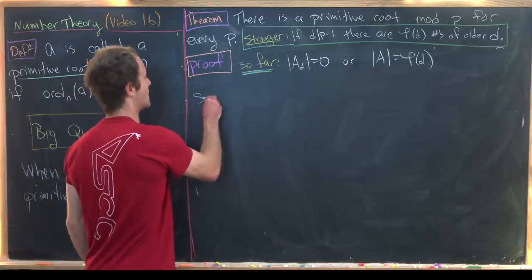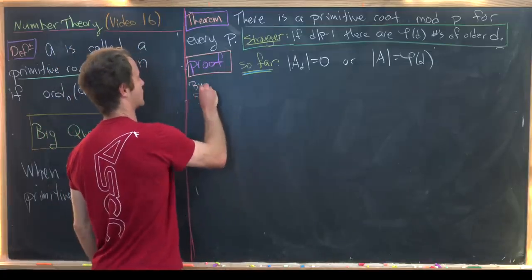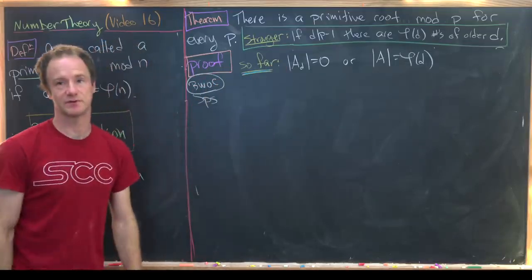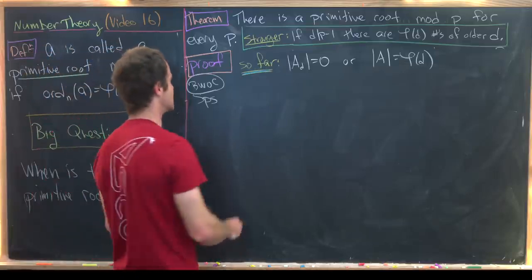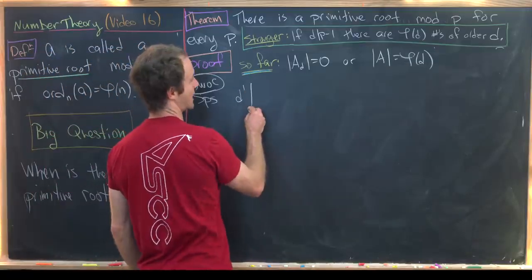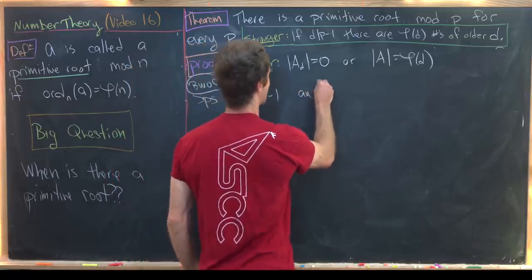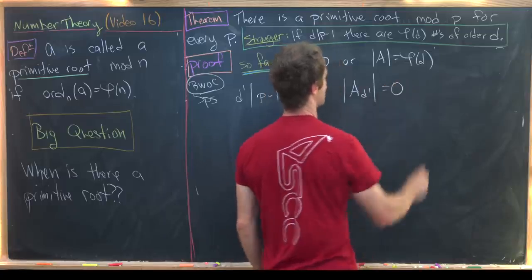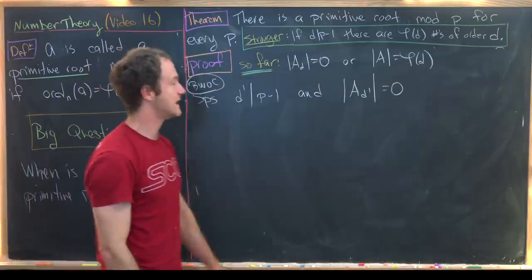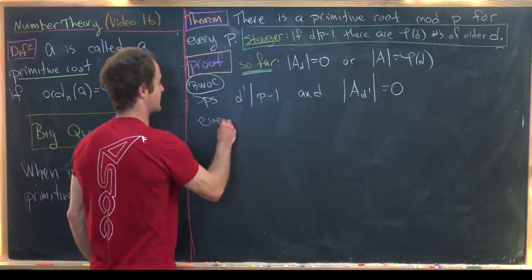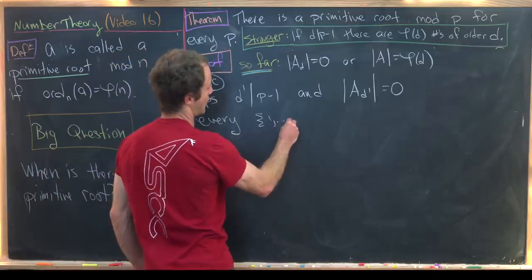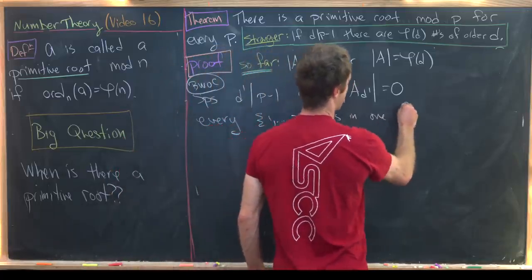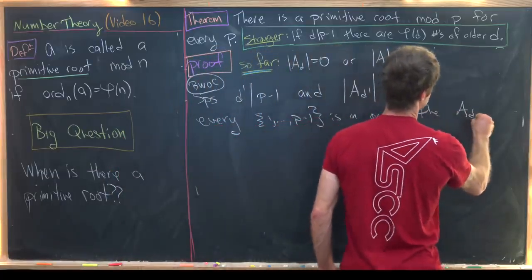Well, let's suppose otherwise. So that means we're working by way of contradiction. We're saying that it is possible to have an empty set of one of these. So in other words, let's suppose that d prime divides p minus 1 and the number of elements that are of order d prime is 0. But now next, we know that every number from 1 to p minus 1 is in one of the A sub d.